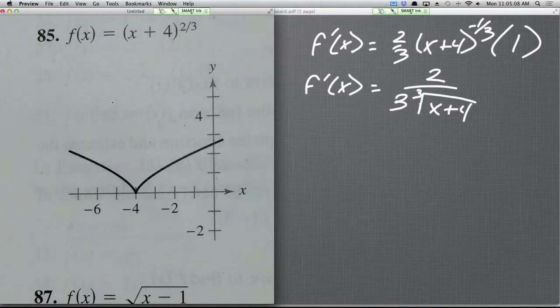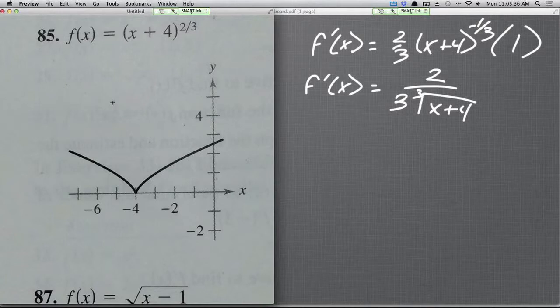Now remember, we said differentiability implies two things. The function is continuous and the derivative is continuous. So if my derivative is not continuous somewhere, then that's going to cause me a problem when I'm talking about differentiability. Does anything make my derivative not continuous? Yes. Where? -4 causes a problem on continuity of my derivative, correct?